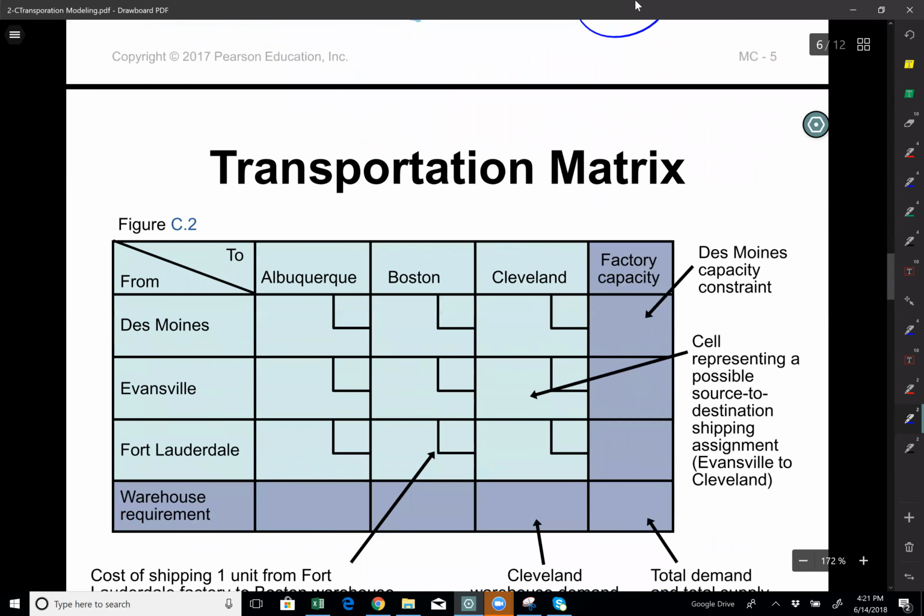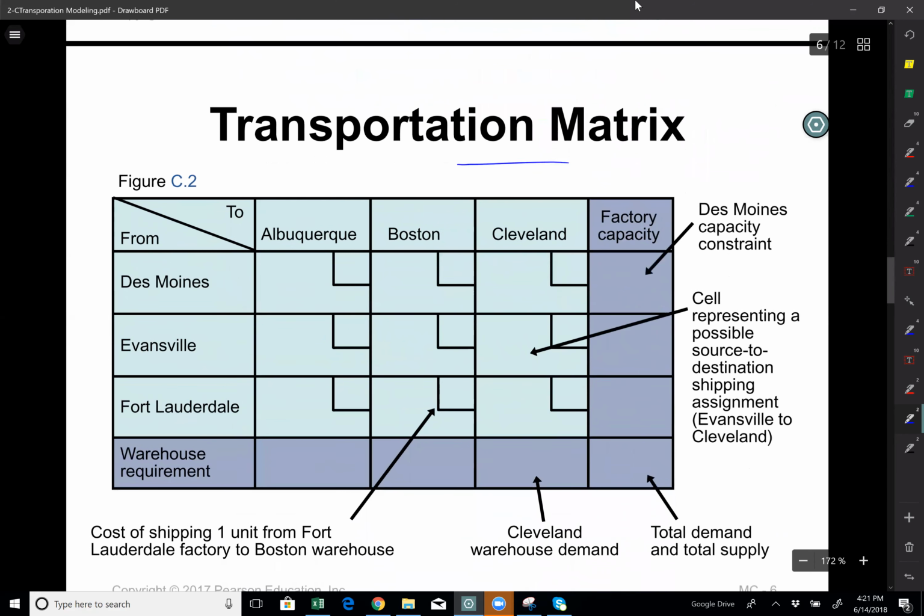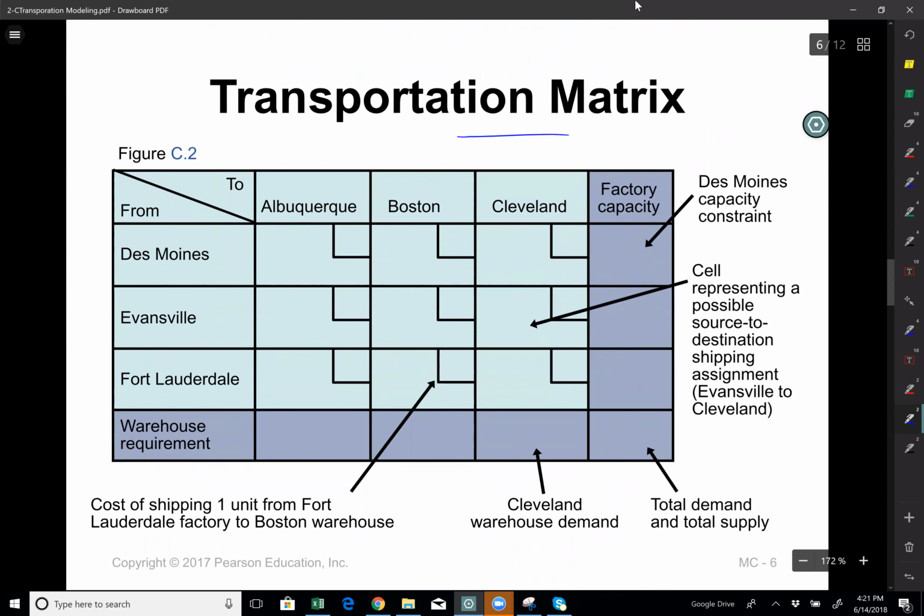Right. So let's look at the transportation matrix. Here on the right-hand side, we have the factory capacities. At Des Moines, I have 100 units of capacity. At Evansville, I have 300 units. In Fort Lauderdale, I have 300 units. These are my capacity constraints.